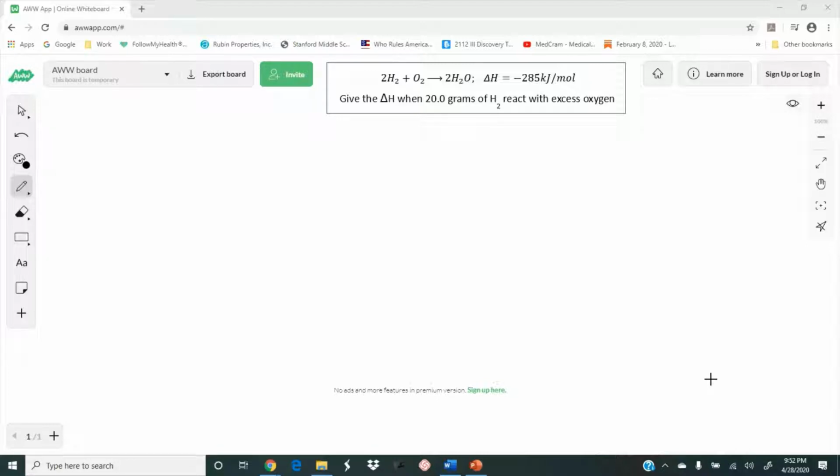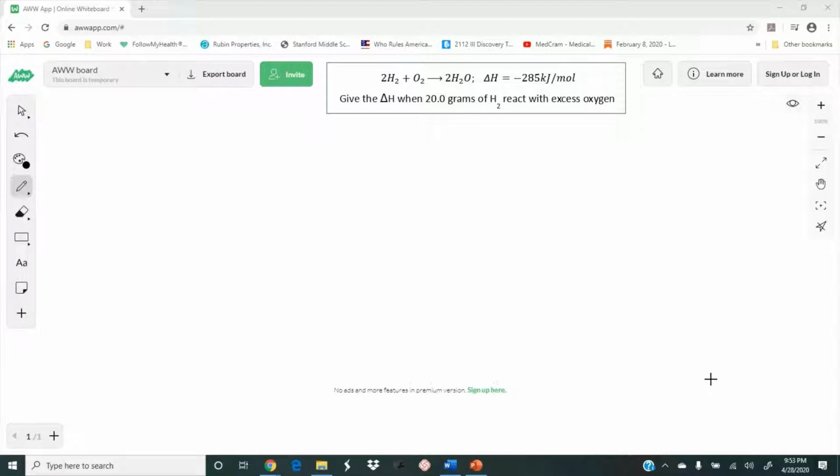The question says, give the delta H when 20 grams of H2 react with excess oxygen. So we're told we have 20 grams of hydrogen, H2, and the question is, what is the delta H? Before I do this, let me first explain the kilojoules per mole.